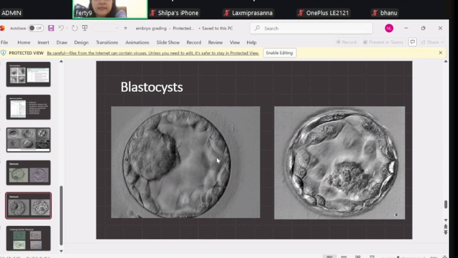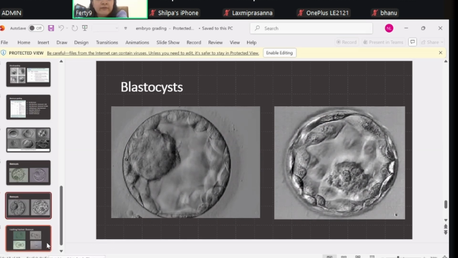So the expansion is very well. Blastocele cavity also we are able to see. So we are giving it as 4 being the best. Then comes the ICM. So A is the ICM. So 4A. Then last A denotes the trophectoderm. So 4AA is the blastocyst grading of this particular blastocyst.